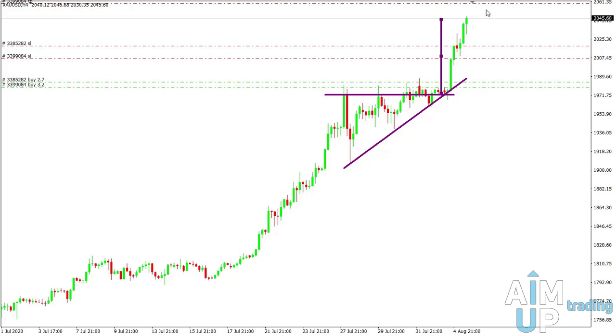That's what gives us the idea that maybe the bulls are trying to get more momentum, and then the price will just explode. So this is something very important to notice and realize. And when you see that the price is respecting a trend line with that angle, you should consider it for sure and use it in your favor.